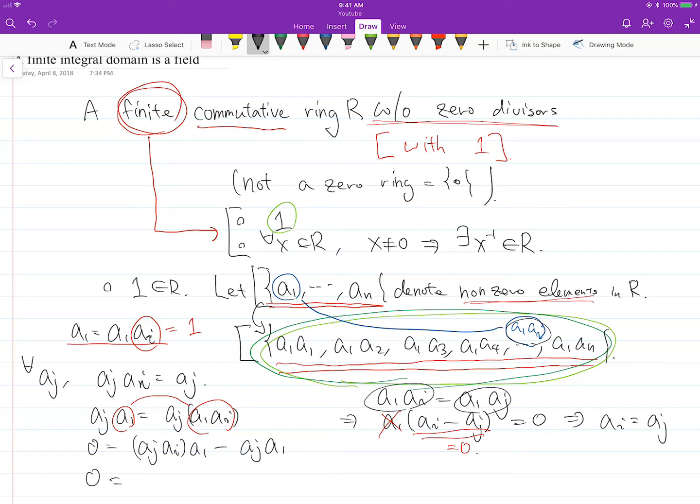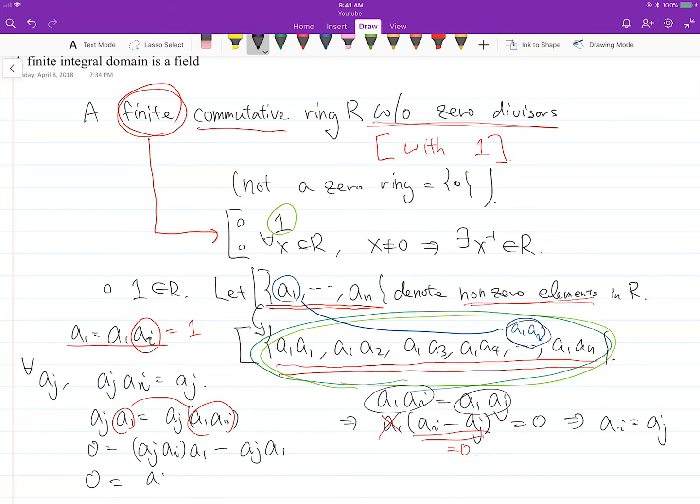This is equal to a_j times (a_i minus a_1)... a_j a_i minus a_j a_1. And then again, this ring has no zero divisors. a_1 is a non-zero element, so this must be 0.